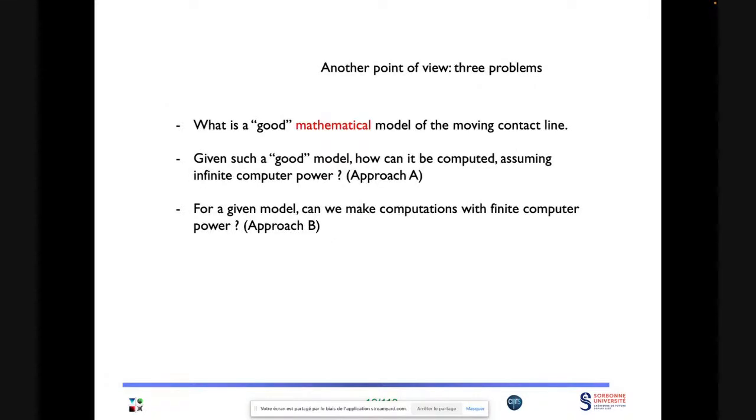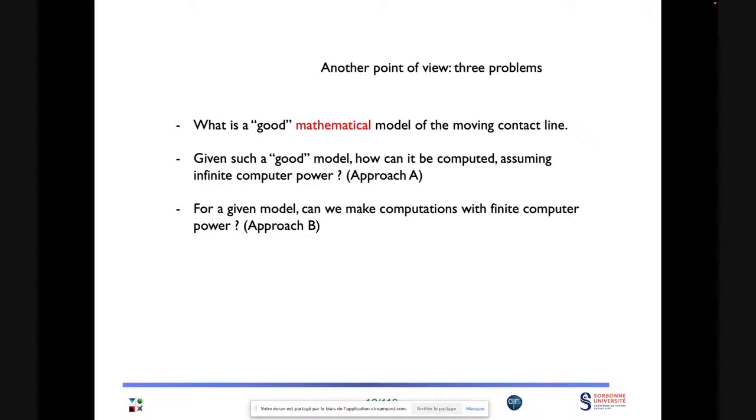And another point of view on the contact line problem, which is, I must say, a little bit of a philosophical problem, so we have many ways of defining it. The first point of view is, what is a good mathematical model of the moving contact line? The second point of view is, given you have a good mathematical model, how can it be computed assuming infinite computer power?